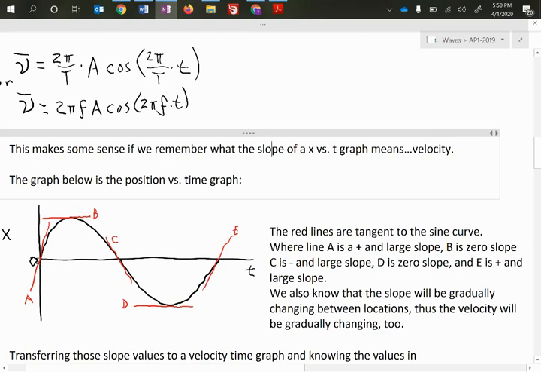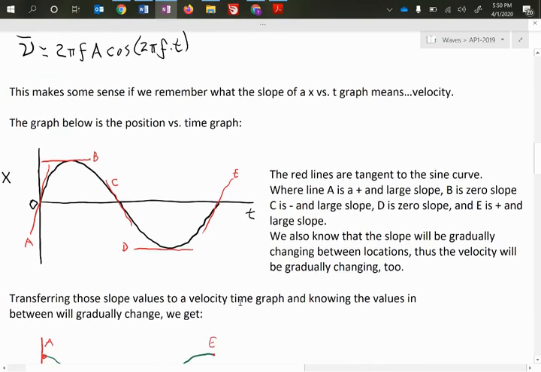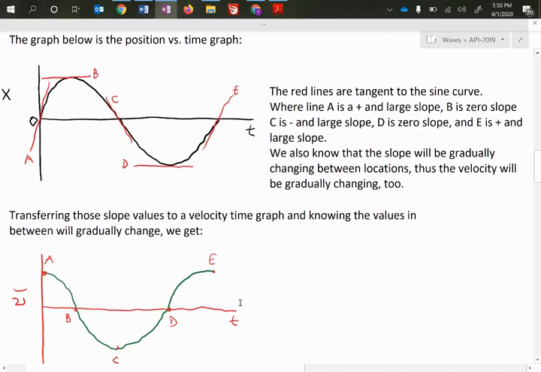So if we take those slopes, aka the velocities, at different times, and we plot them on a velocity time graph, we get large positive at A, zero velocity at B, large negative at C, zero at D, large positive at E. And we also can see here that as the position goes from point A to point B, the slope is going to gradually change from large positive to zero.